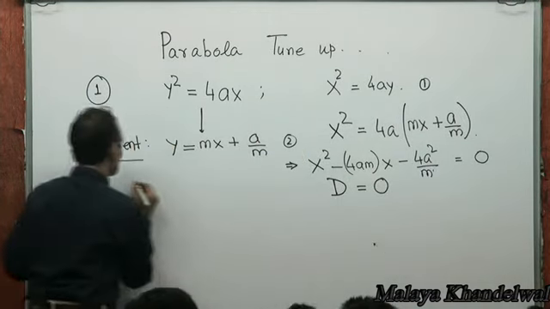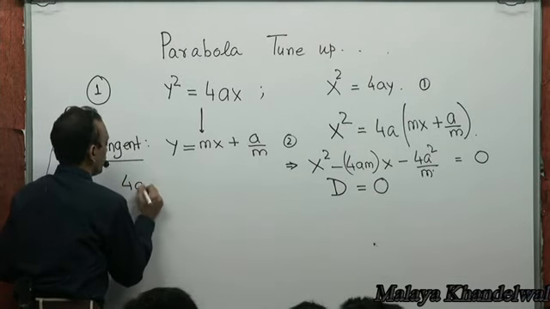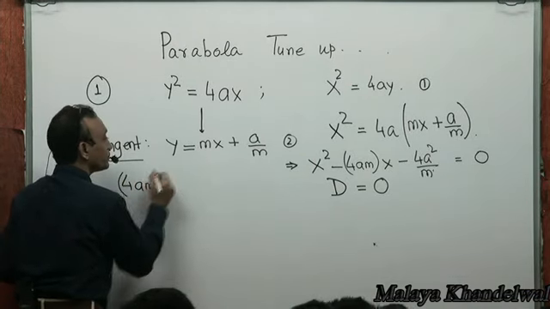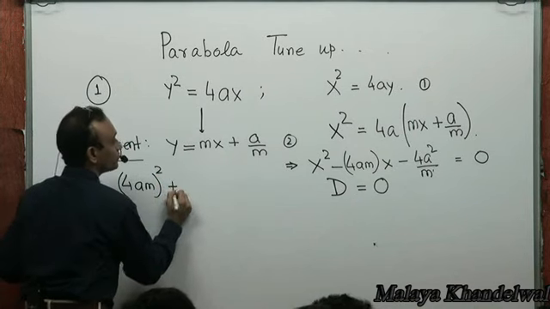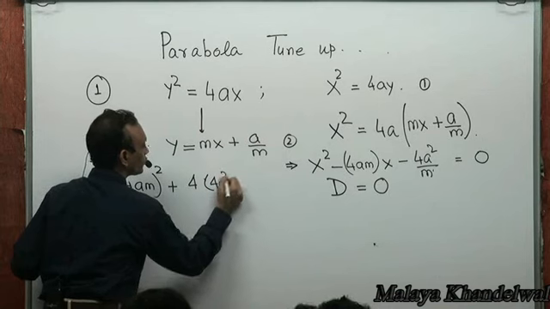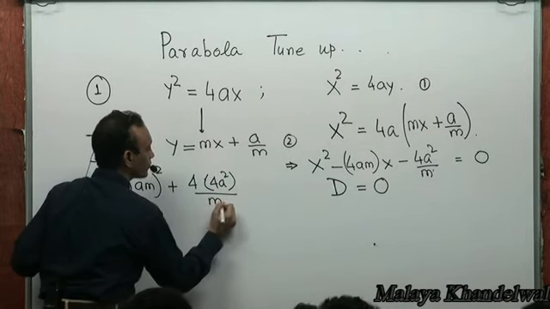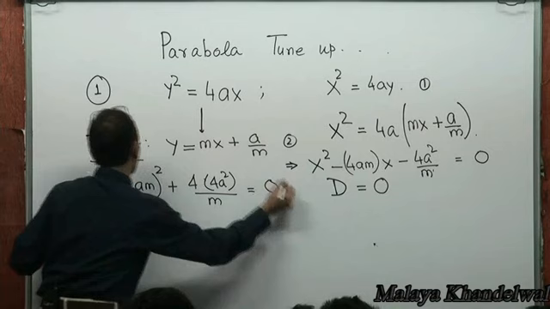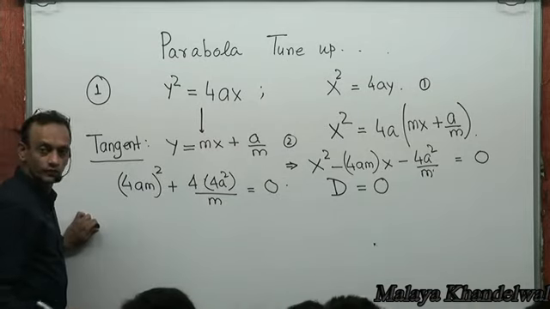which means 4am whole squared minus 4ac must be equal to 0, right?